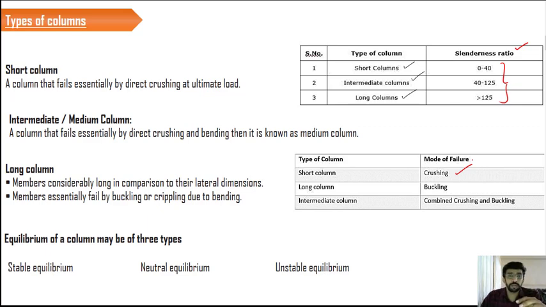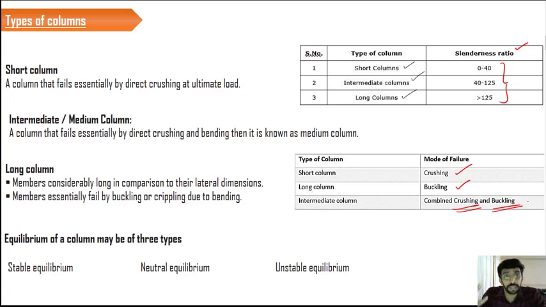Long columns are comparatively long compared to their cross section, so they usually fail by buckling. And for intermediate columns, a combined effect of crushing as well as buckling can be noted. So this is the mode of failure: crushing, buckling, and the combined mode.